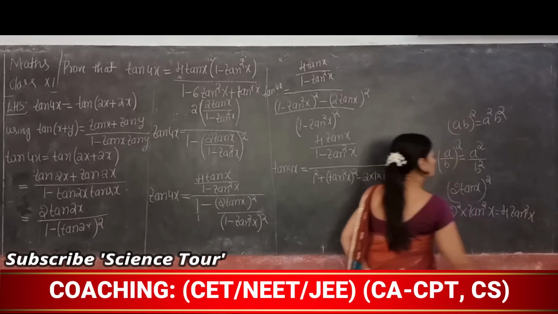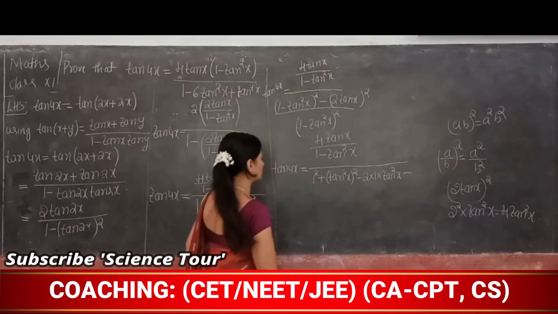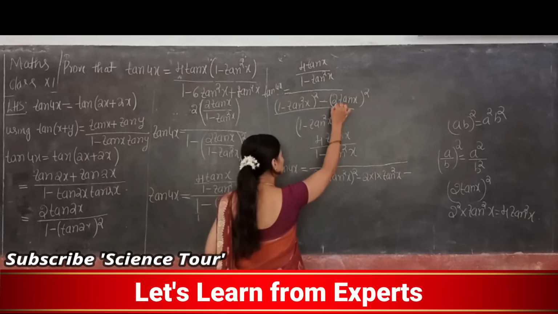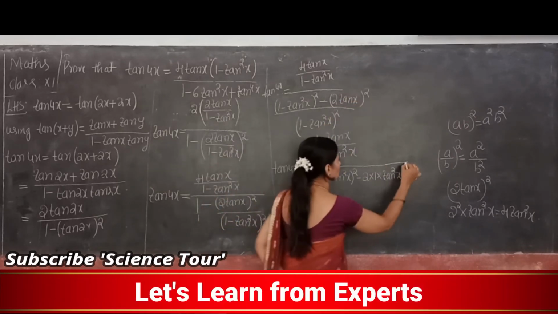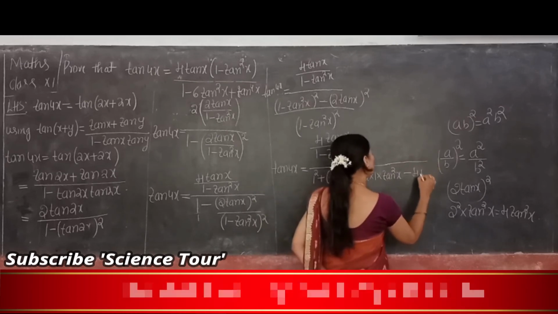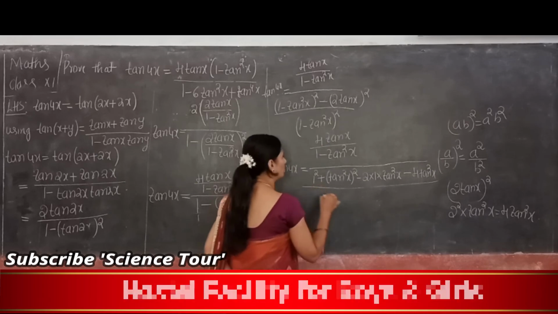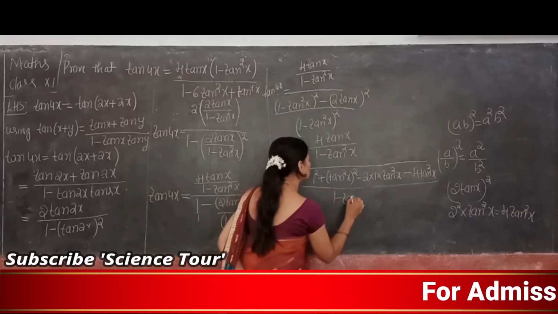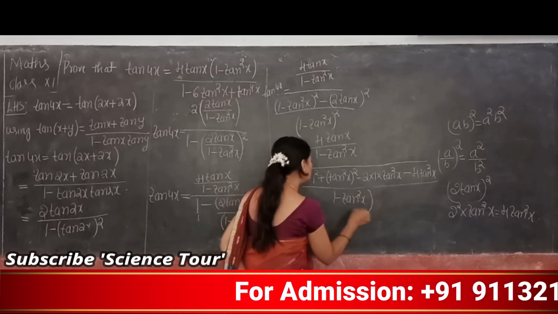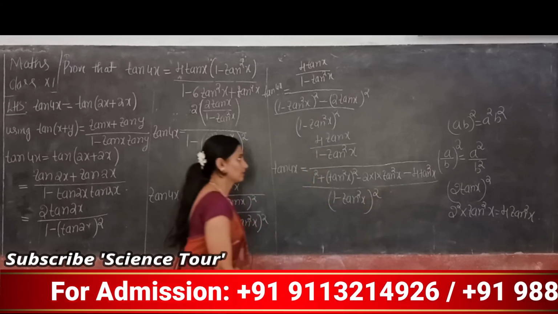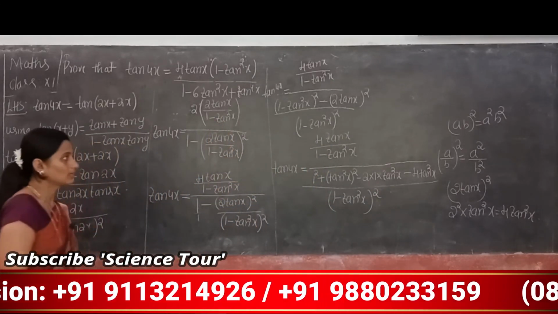Correct, no? So now I am replacing (2 tan x) whole square with 4 tan square x, whole divided by (1 minus tan square x) whole square. Clear this? Clear?